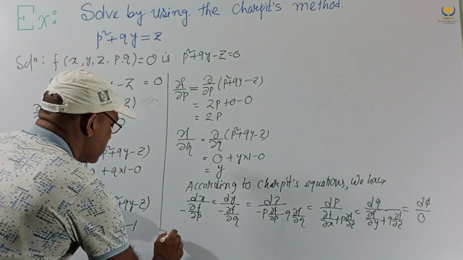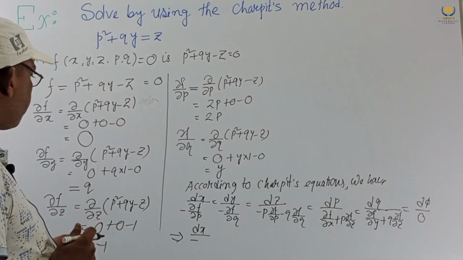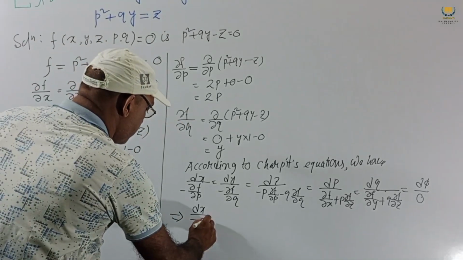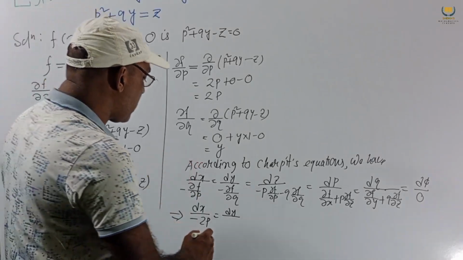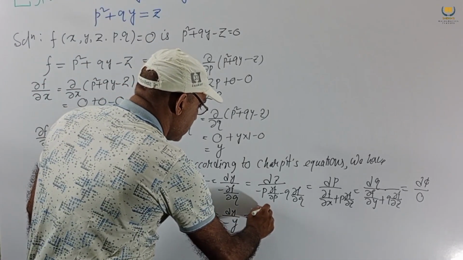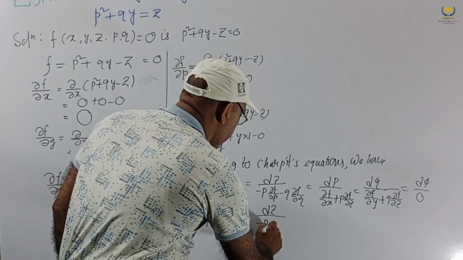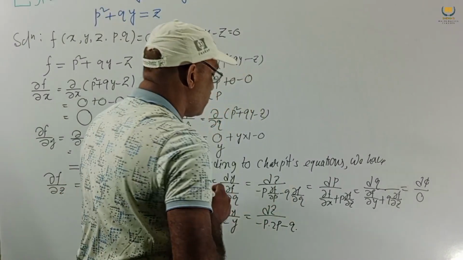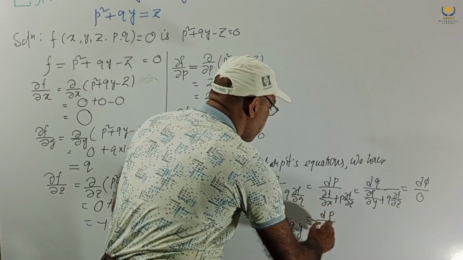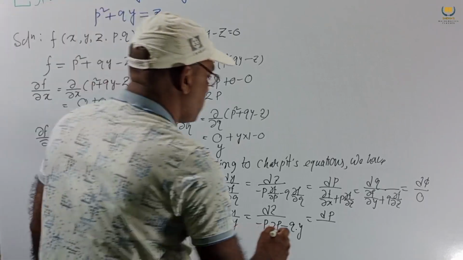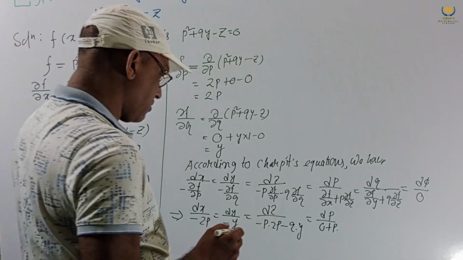Now putting the ready-made values: dx by twice p, dy by y, dz by minus p del f del p, which means twice p, minus q del f del q, this is y, and dp by del f del x, this is 0, plus p into del f del z, this one minus 1.